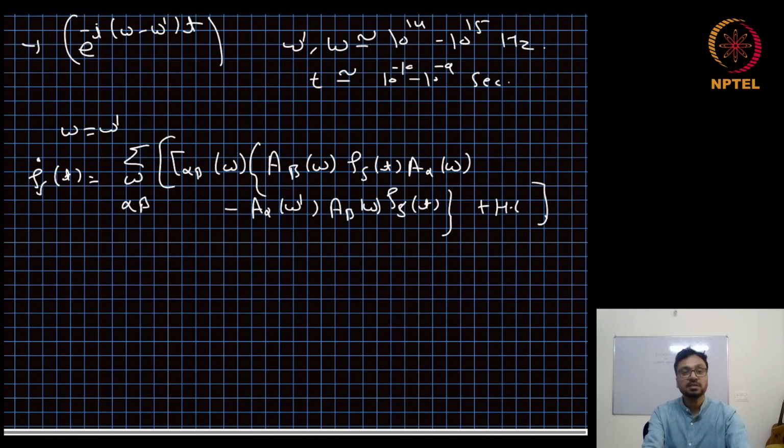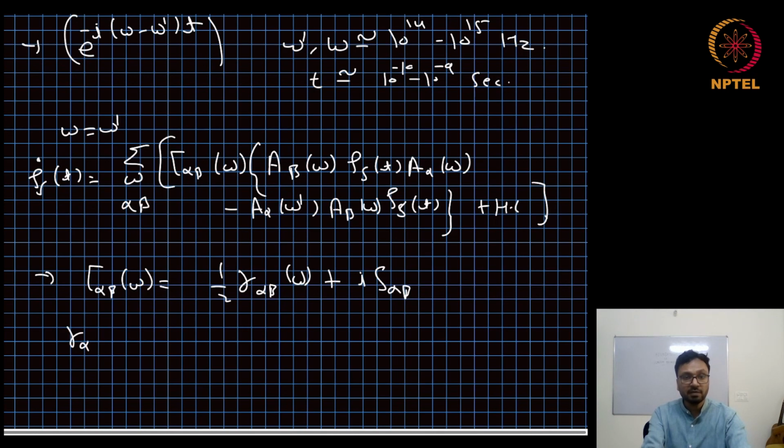So in general, gamma alpha beta is a complex number. So we can write gamma alpha beta of omega as half times capital Gamma alpha beta of omega, which is a real number, plus i S alpha beta, where S alpha beta is also a real number.